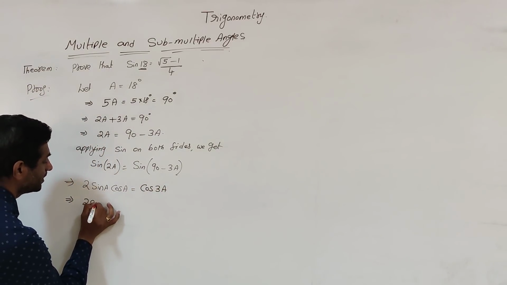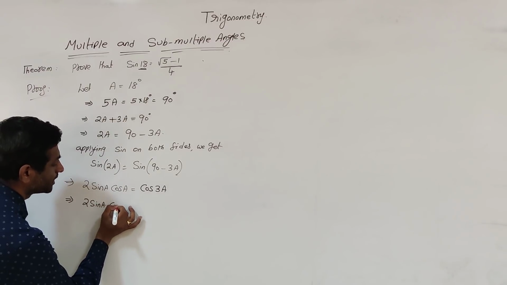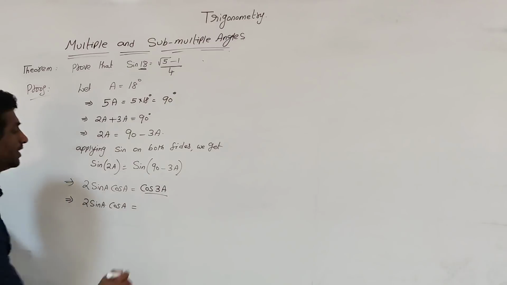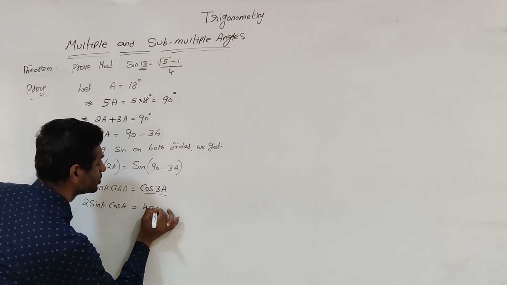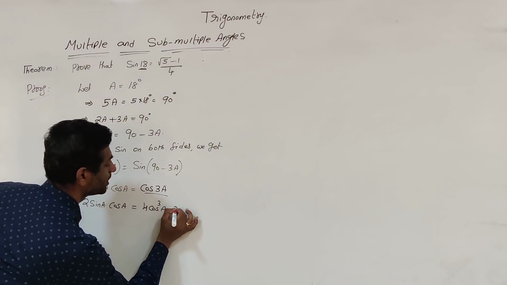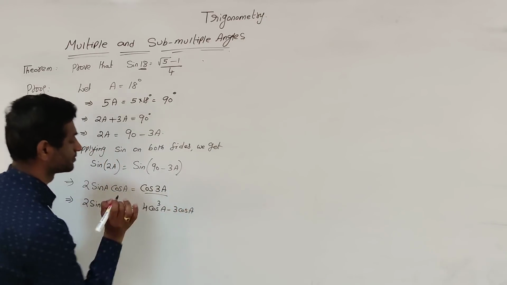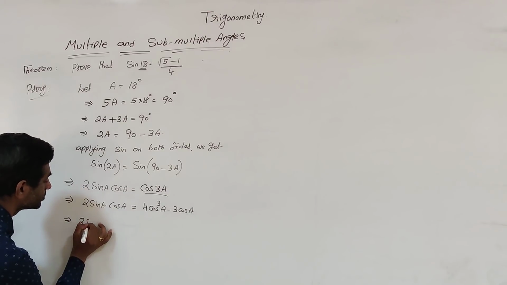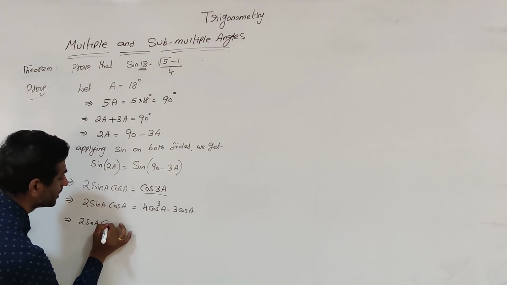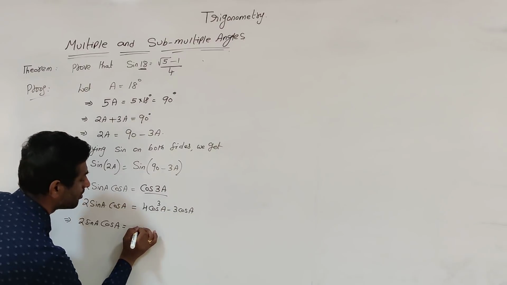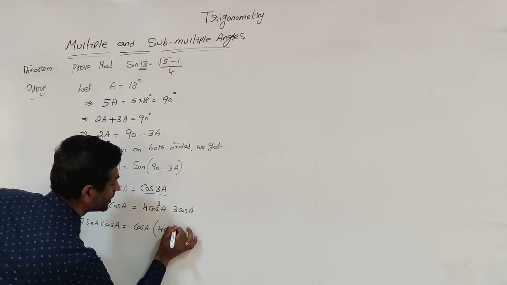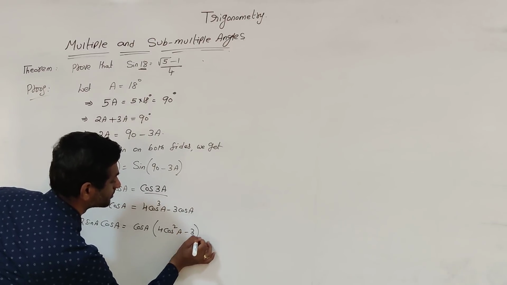So 2 sin a into cos a is equal to cos 3a. But what is cos 3a? It is 4 cos cube a minus 3 cos a, and we have 2 sin a cos a. If we take cos a common here, then it will be 4 cos square a minus 3.